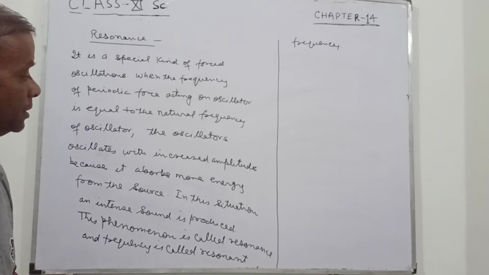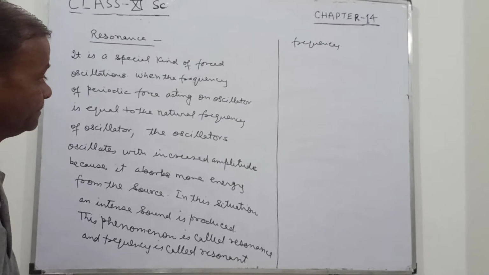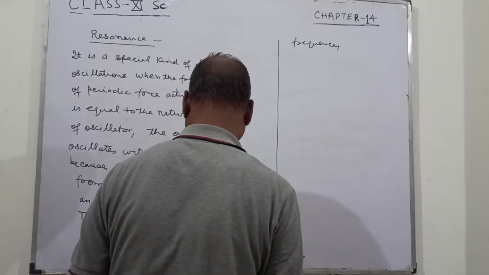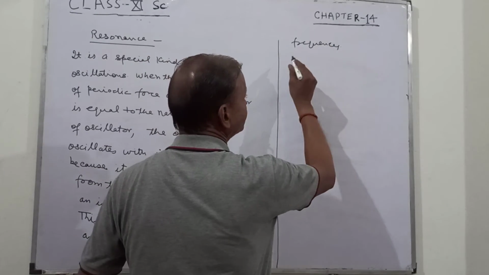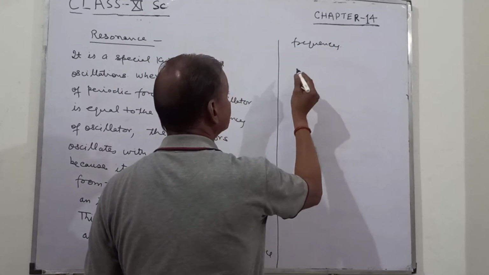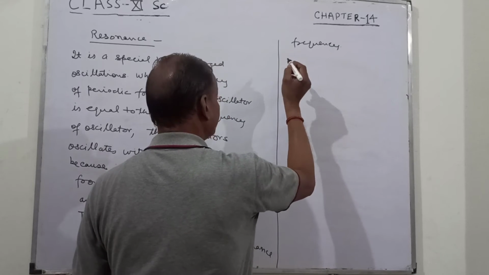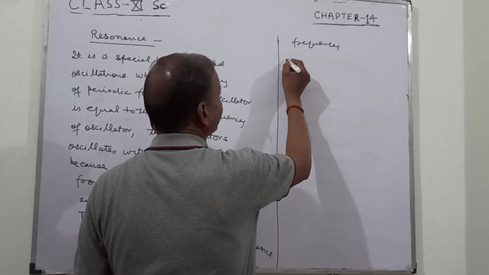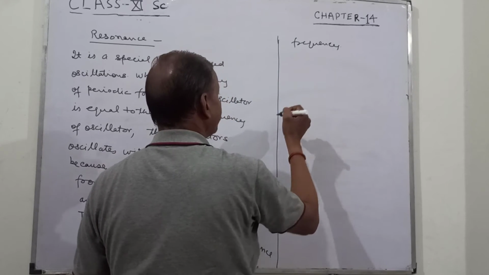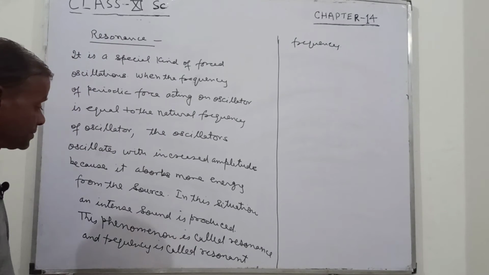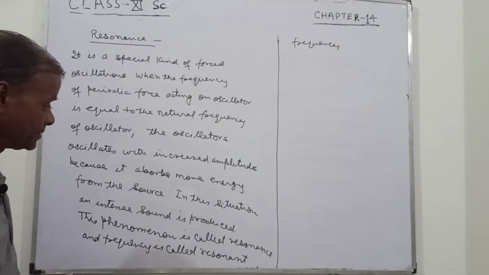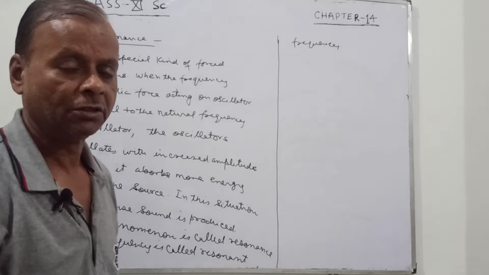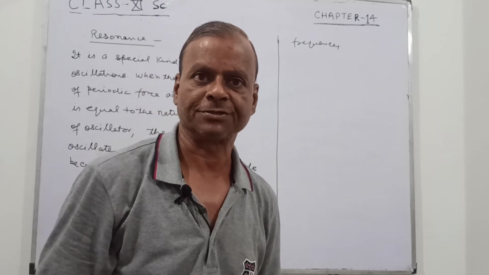Then there is always resonance. In this case, the intensity of the sound increases. So you can listen to it, and we can also observe that resonance is taking place.